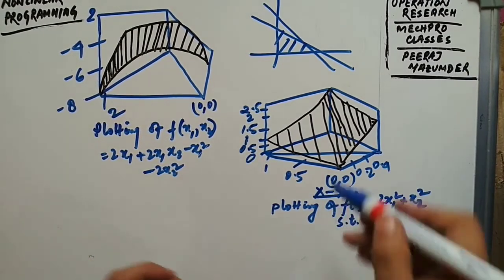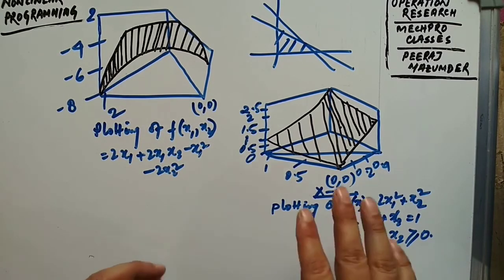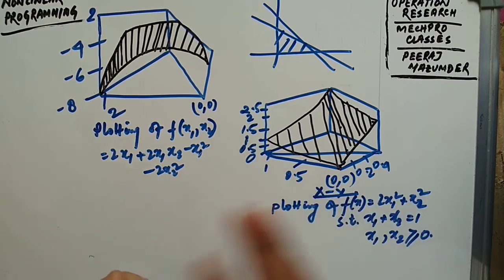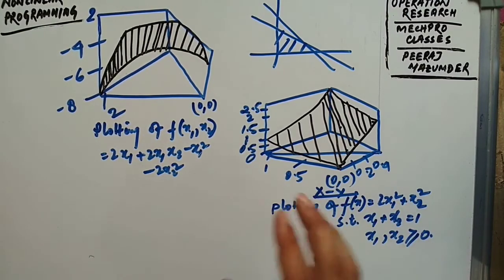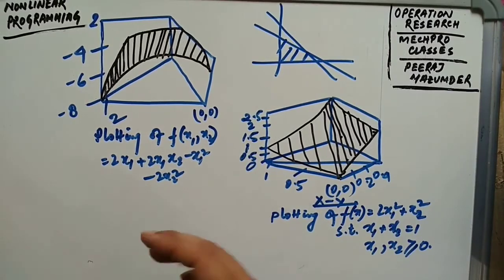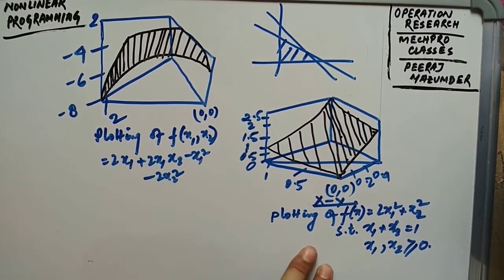Now this is the class on the introduction of non-linear programming. So I'll stop just here, because in the next session I will give you a much clearer idea on how to plot a graph using these equations, objective functions, as well as constraint equations.